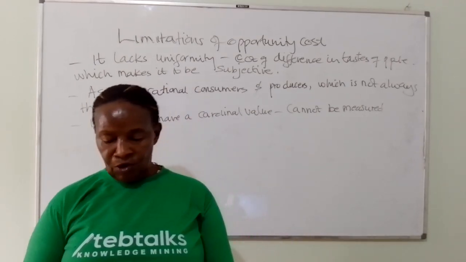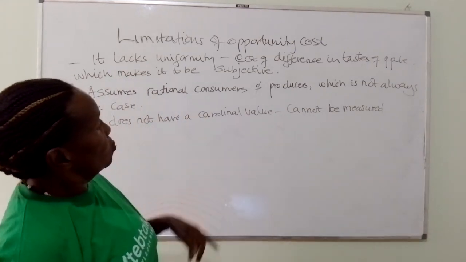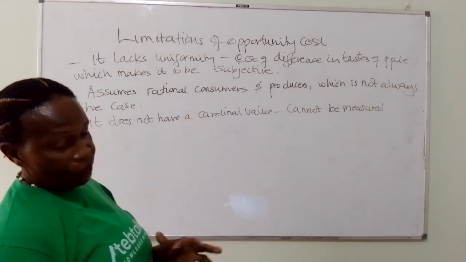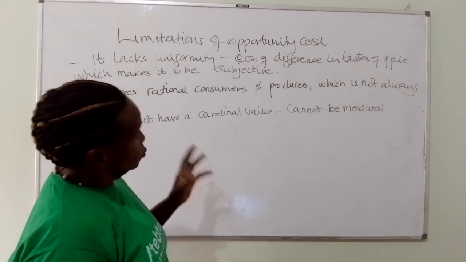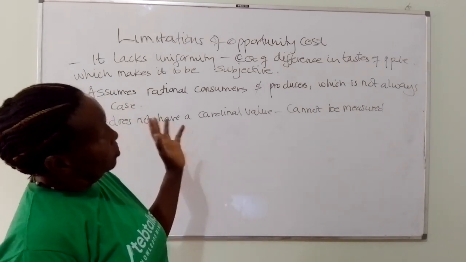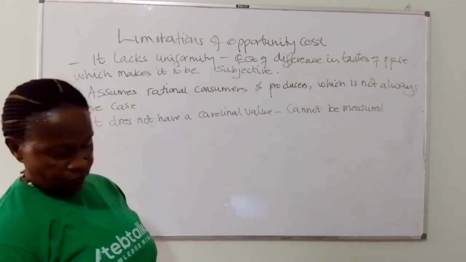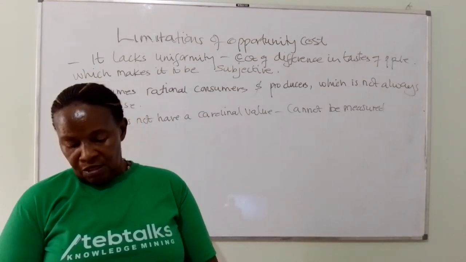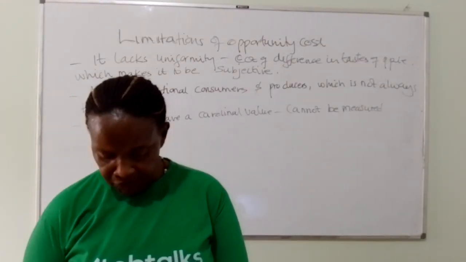No, it has no cardinal measure, and for that matter, it cannot be measured, and that becomes a limitation. How much are you going to say that? For me, my opportunity cost was so many grams. My opportunity cost of having this commodity and leaving the other was weighing so much. That is not possible, and hence it cannot be generally applied as fully operational.